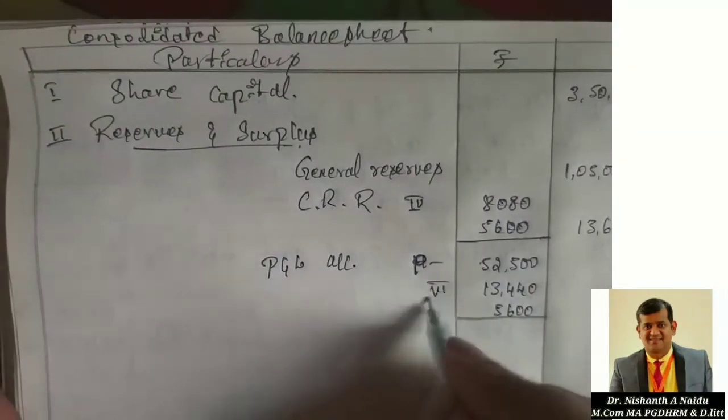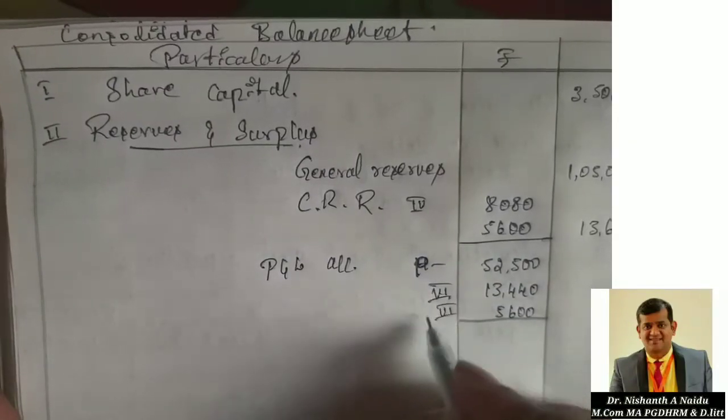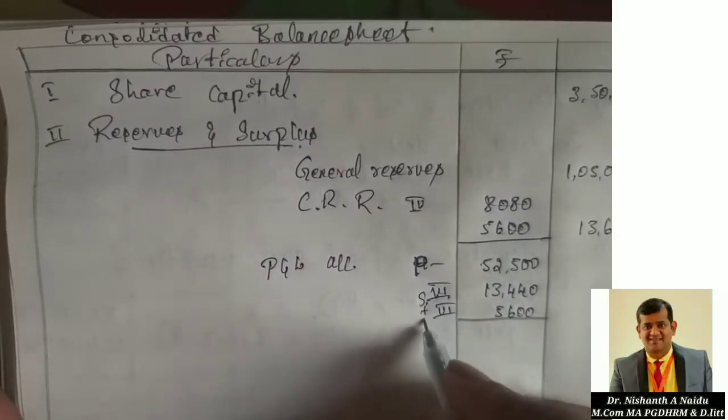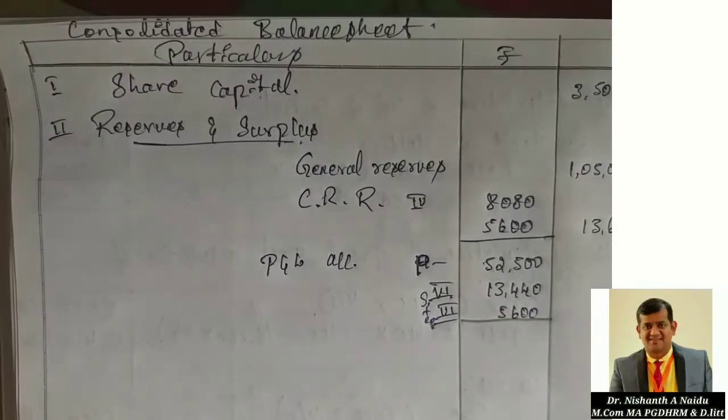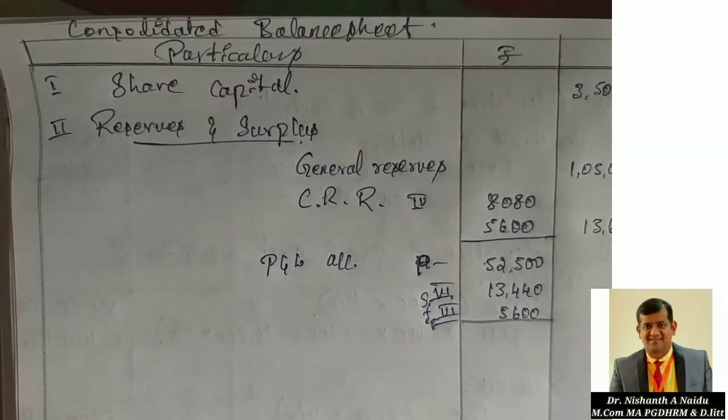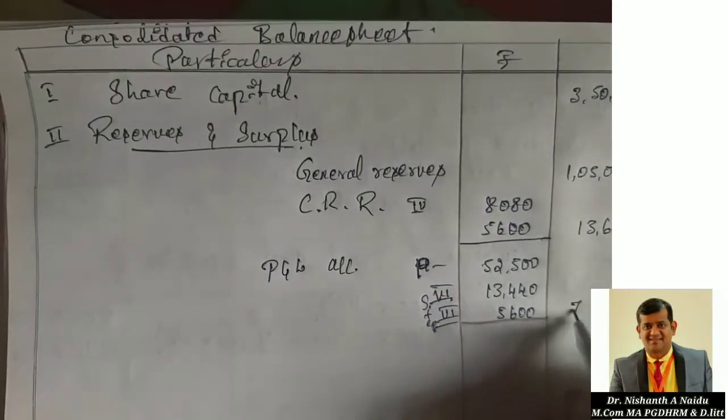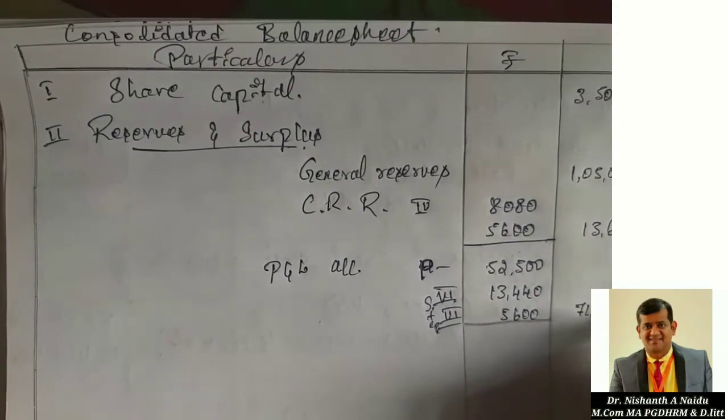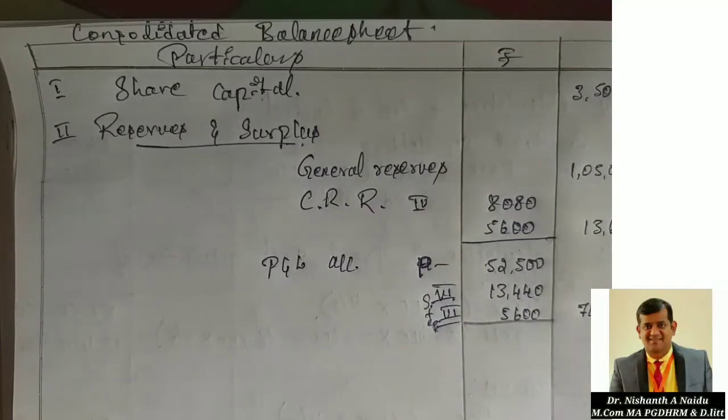So we are done with step 6. If you want, you can mention step number 6 for your reference. Now total it: 52,500 plus 13,440 plus 5,600. So that is 71,540 rupees. Okay.